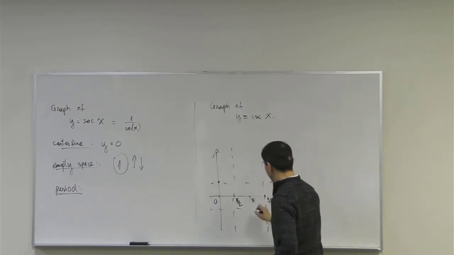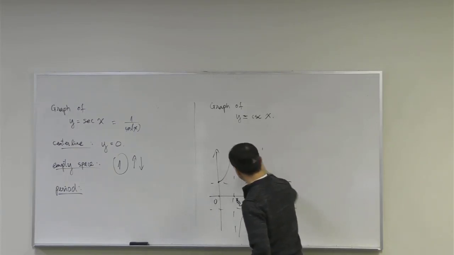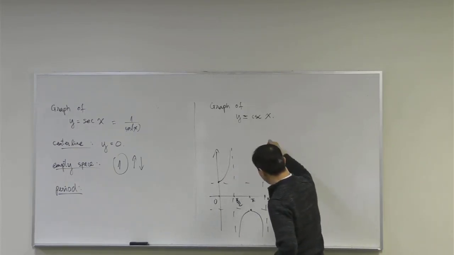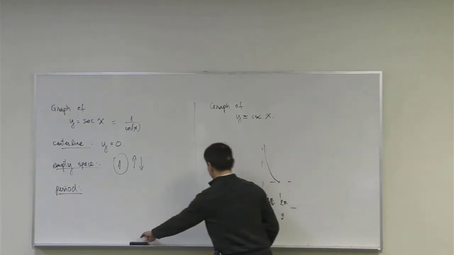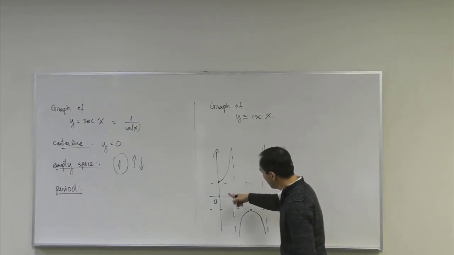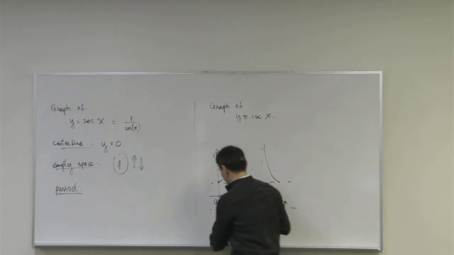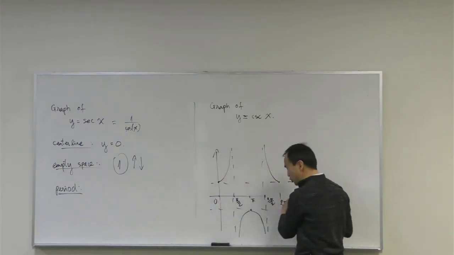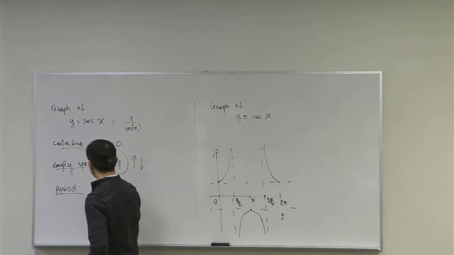So the graph goes like that again. You can do this all day without any error, because once you capture that basic structure of the graph, it's a lot easier to draw. Now, the basic unit for this ordinary secant of x starts at 0 and ends at 2 pi. So that means the period here is p equals 2 pi.